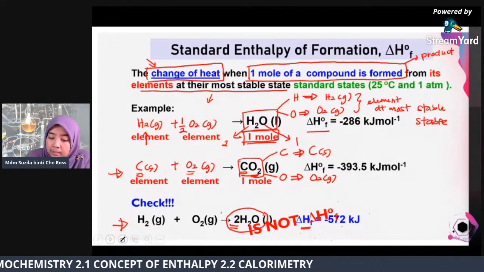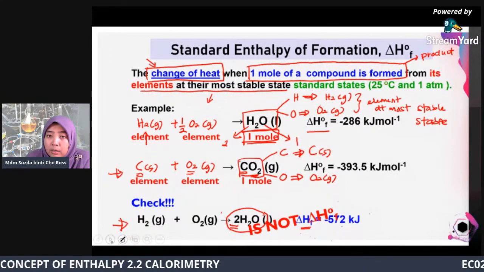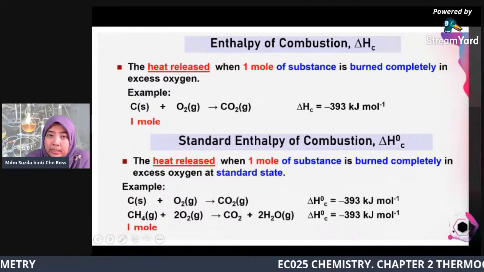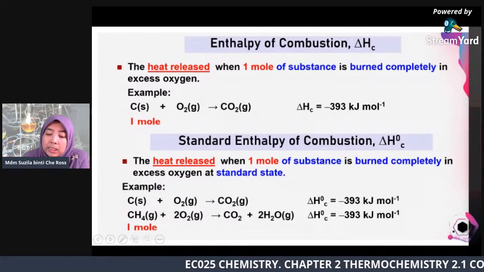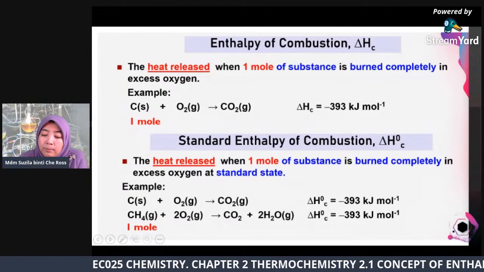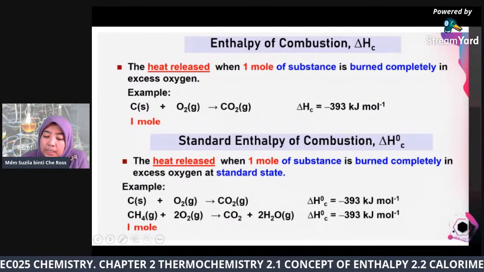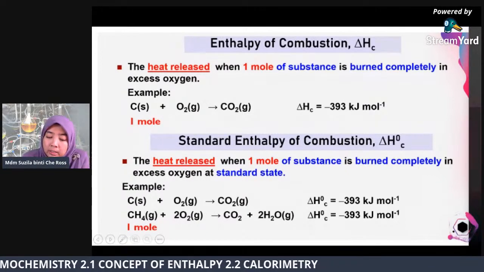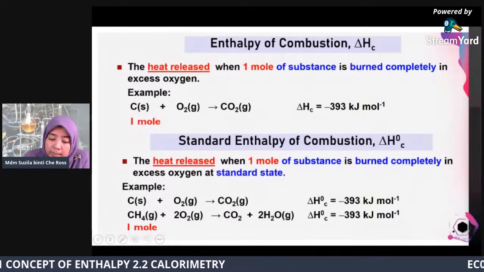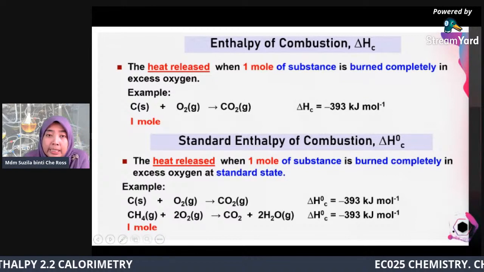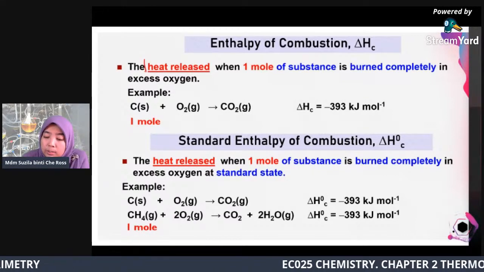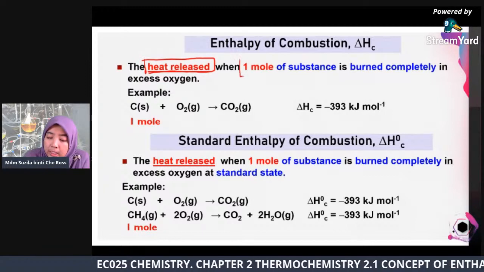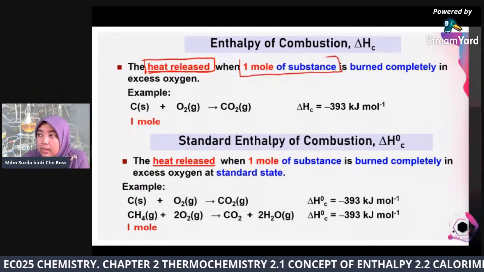Okay, next we have enthalpy of combustion. Enthalpy of combustion is the heat released when 1 mole substance is burned completely in excess oxygen. So here we can see that combustion involves heat release, and 1 mole substance here refers to the reactant.